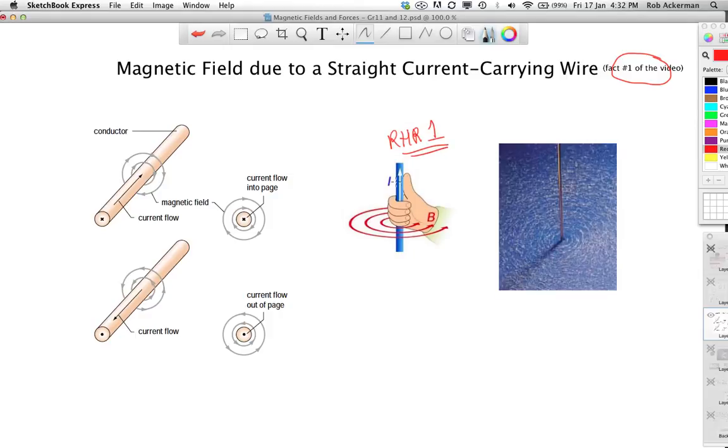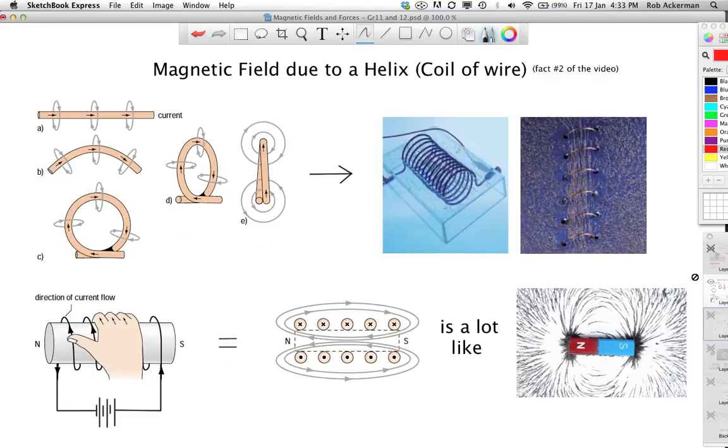Given the current, figure out the magnetic field, or given the magnetic field, figure out the current. Be able to do this in different orientations, like current going up or down, current going into the page or out of the page. And finally, right-hand rule number 2, make sure you learn that one, where we talked about how the thumb is the direction of north and the fingers are the direction of the current. So given one of those, figure out the other.